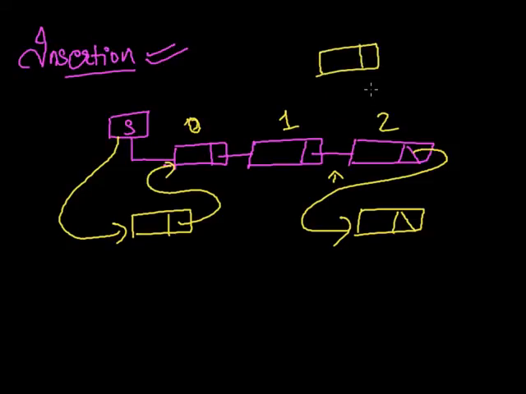Then in this address part, the address of the second node needs to be there, and its address is in here. So we will copy this content here, then this will start pointing to this node, and the link of first node needs to be pointing to this temp node.